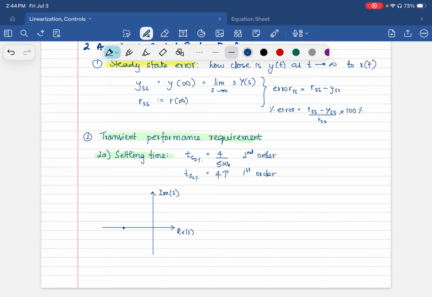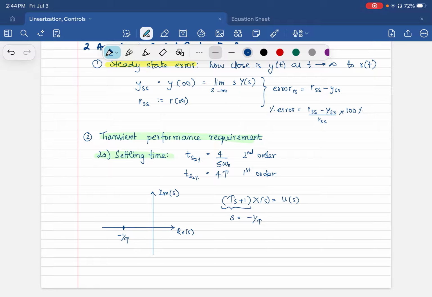So it will have a point, let's say it's over here. I'm going to define that as minus 1 over tau, simply because if I had to write it as tau s plus 1, x of s is equal to u of s. Now, this here's a characteristic polynomial. S is going to be equal to minus 1 over tau, right?